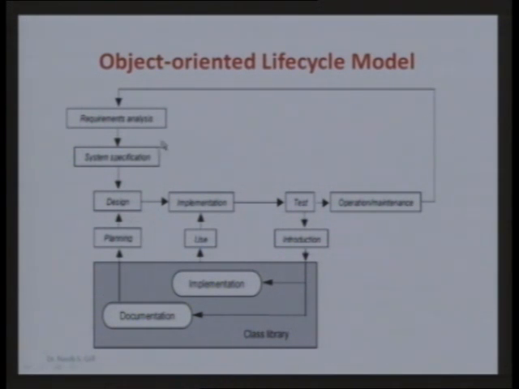This is your system specification, this is your design, this is your planning, this is your implementation, this is your testing. Now if you look very carefully, when you find its planning, when you look at its use, what exactly is it?